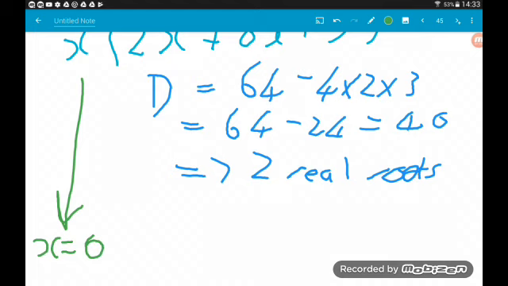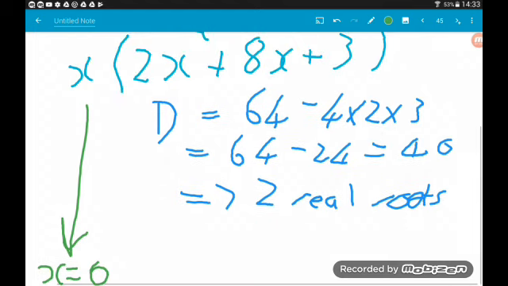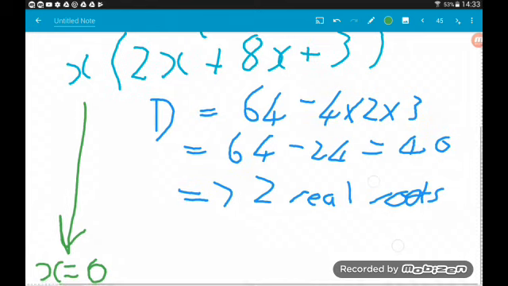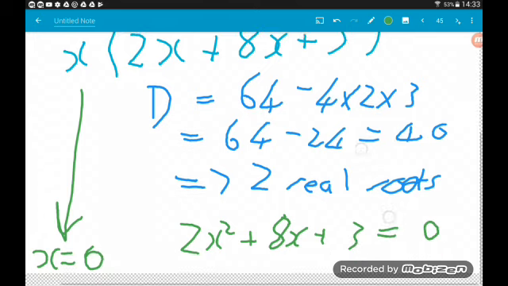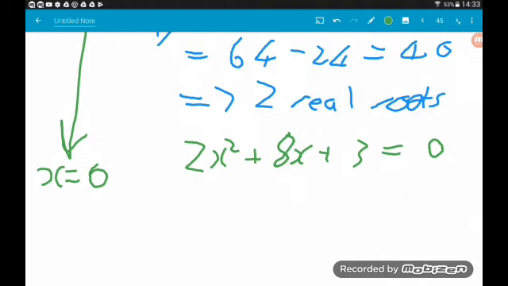It's one of our solutions. Now to get our other two, I'm going to complete the square on the quadratic. So, remember we are solving 2x squared plus 8x plus 3 is equal to 0. So, I'm choosing to complete the square here because I hate using the formula.